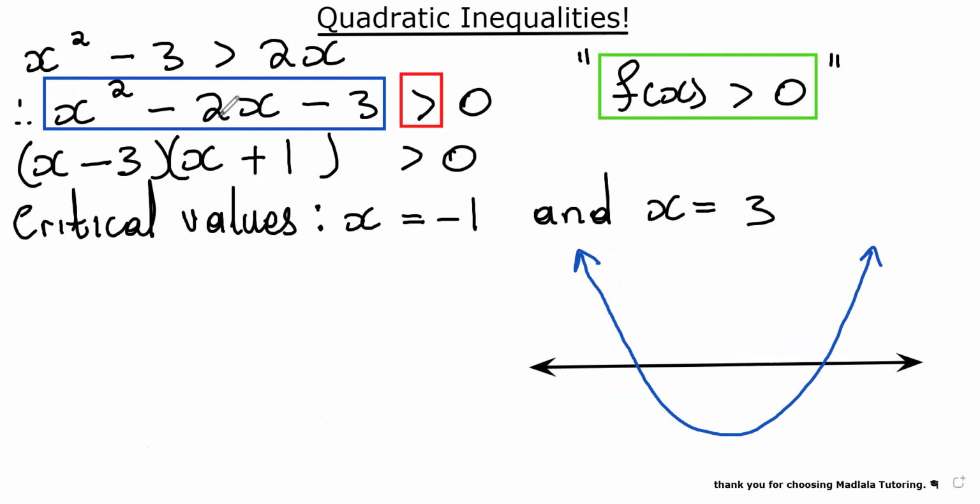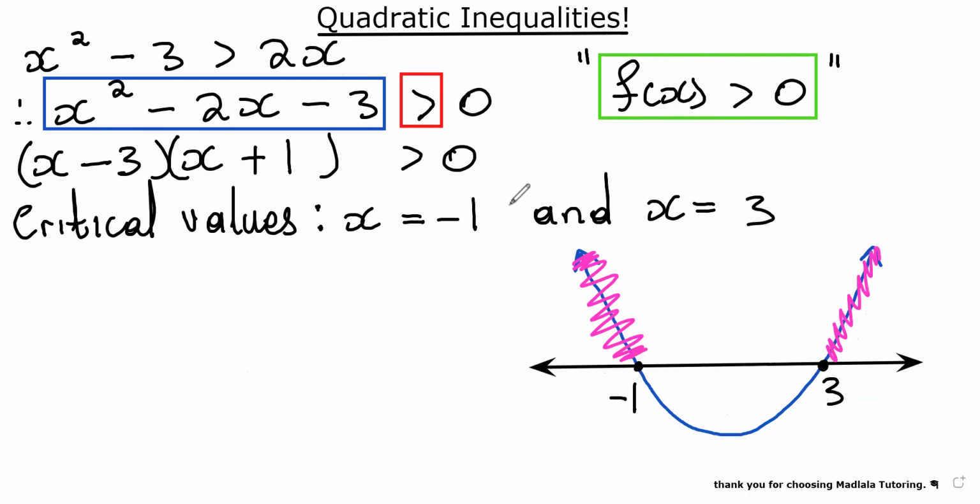So now that you have sketched your function, and you know that your critical values, which are the x-intercepts of your function, are going to be here, the question is, where is this quadratic function positive? Where is it above the x-axis? Well, this is where it's above the x-axis, and this is also where it's above the x-axis.